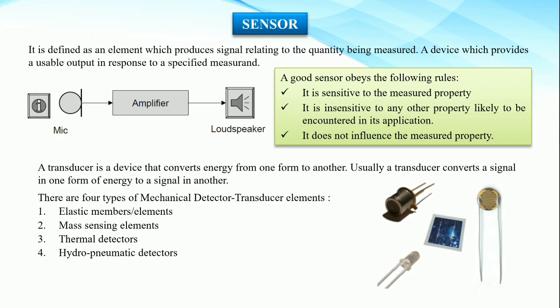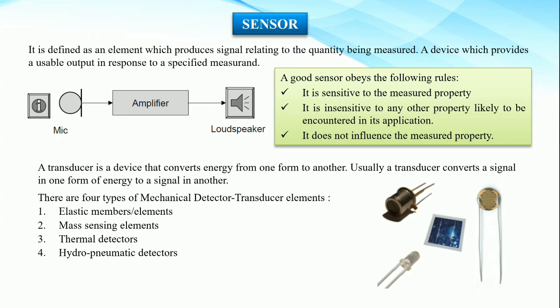The signals are generated by the sensors, and algorithms then process the signal through the signal processing and conditioning stage, and after that we get the final result.